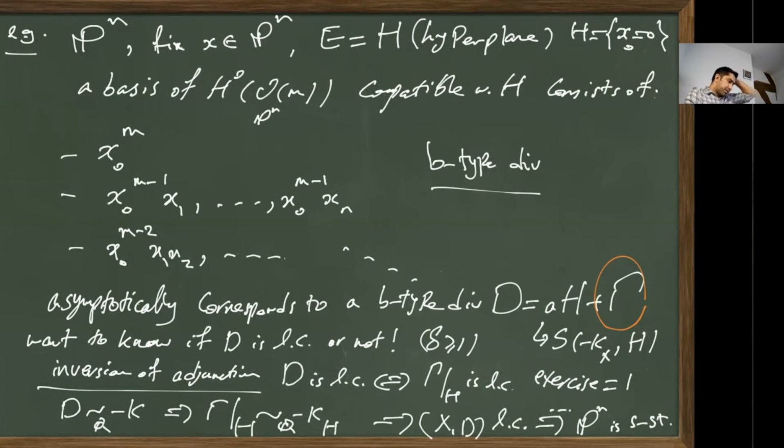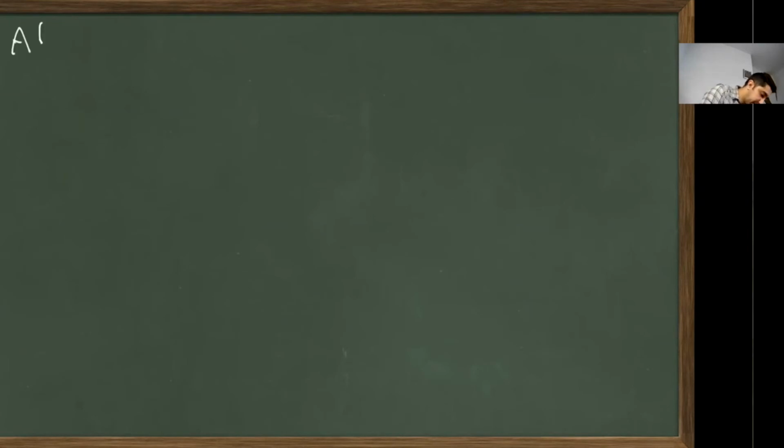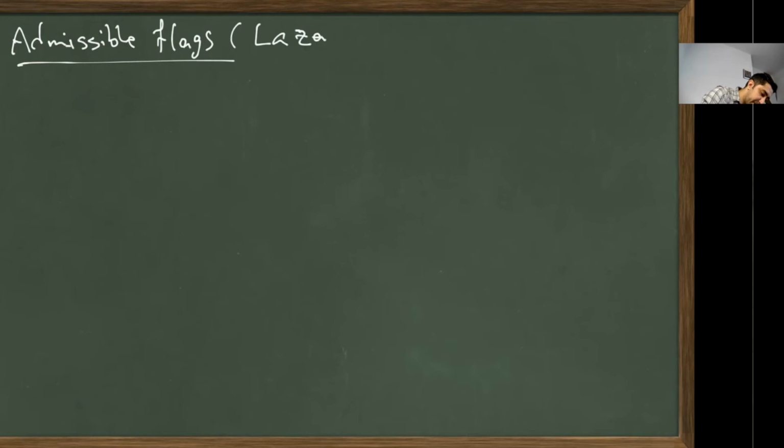Maybe I don't talk about admissible flags. I'll just mention it quickly. This came up. This is in the title of the paper, in fact. This is a work of Lazarsfeld and Mustață.